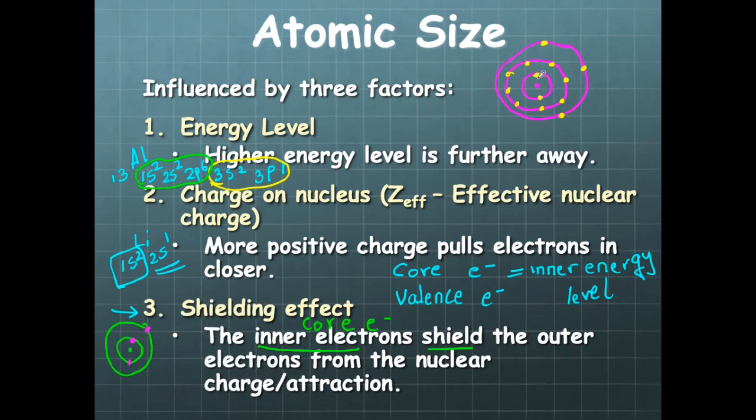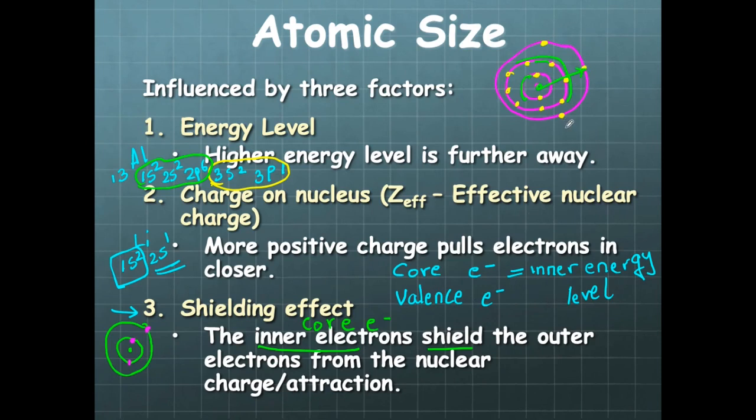The electrons in the first and second energy levels would be the core electrons, and they act like a shield between the nucleus and its valence electrons, reducing the pull, or the hold, of the nucleus on its valence electrons.